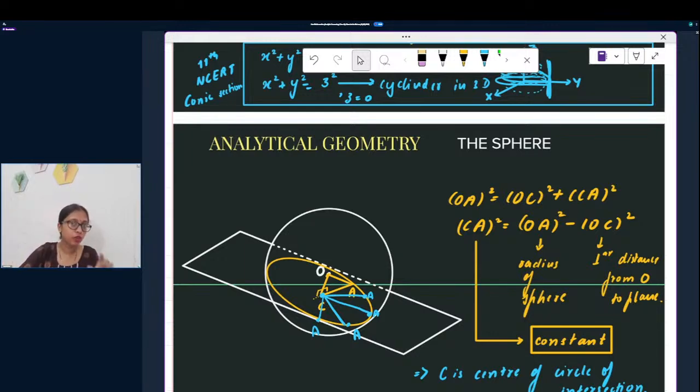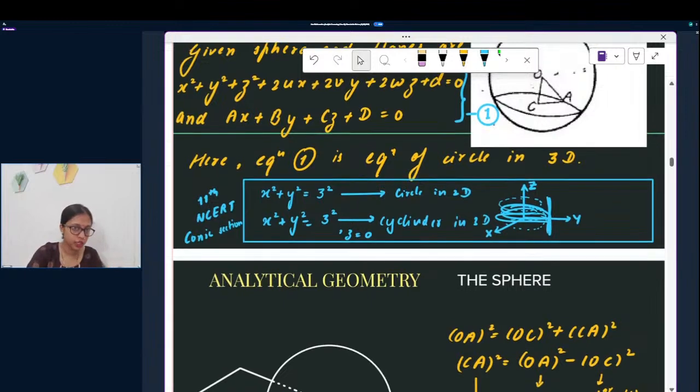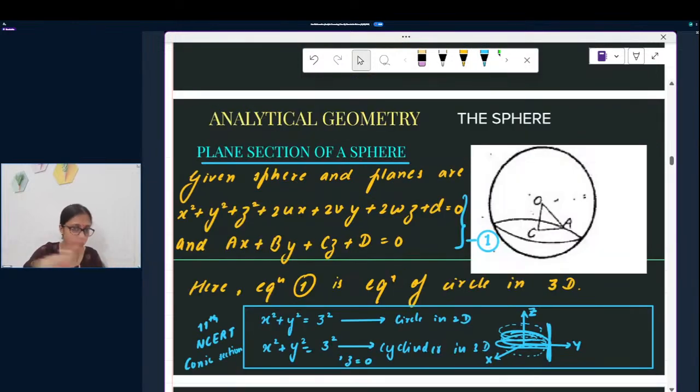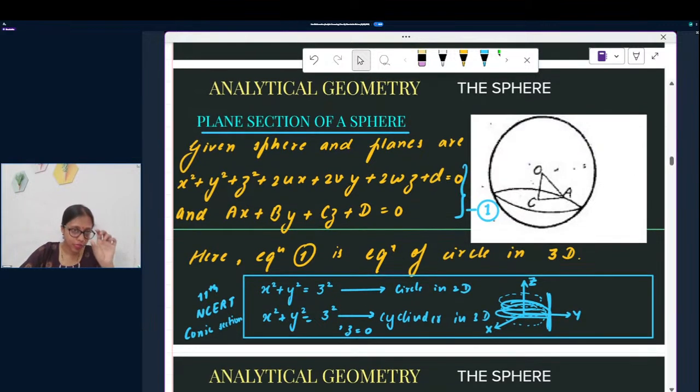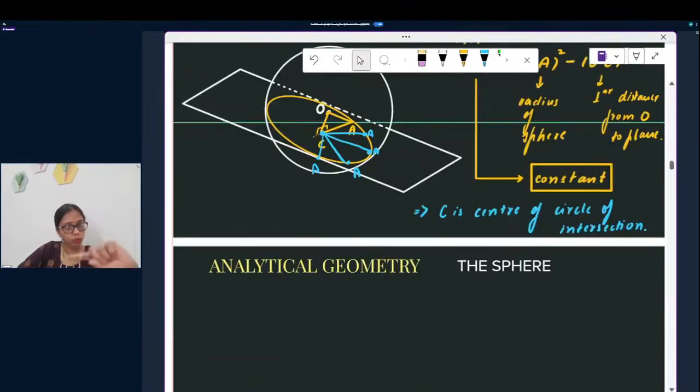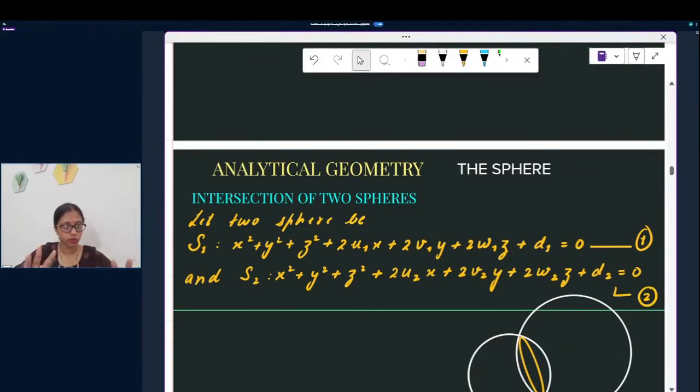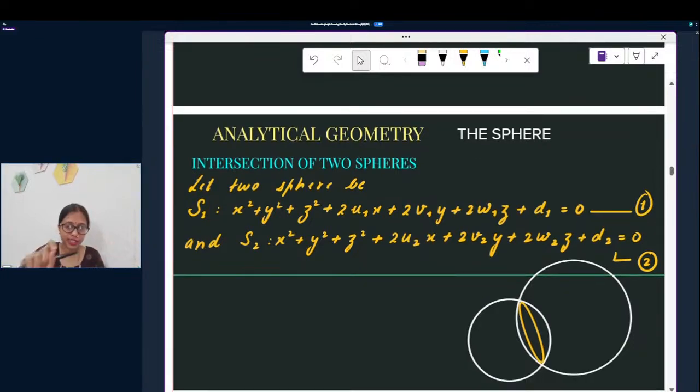To deal with one linear equation and one quadratic equation in three variables is easier than to deal with two quadratic equations. Getting my point? Right? The circle I'm referring to right now is this one, this circle C.